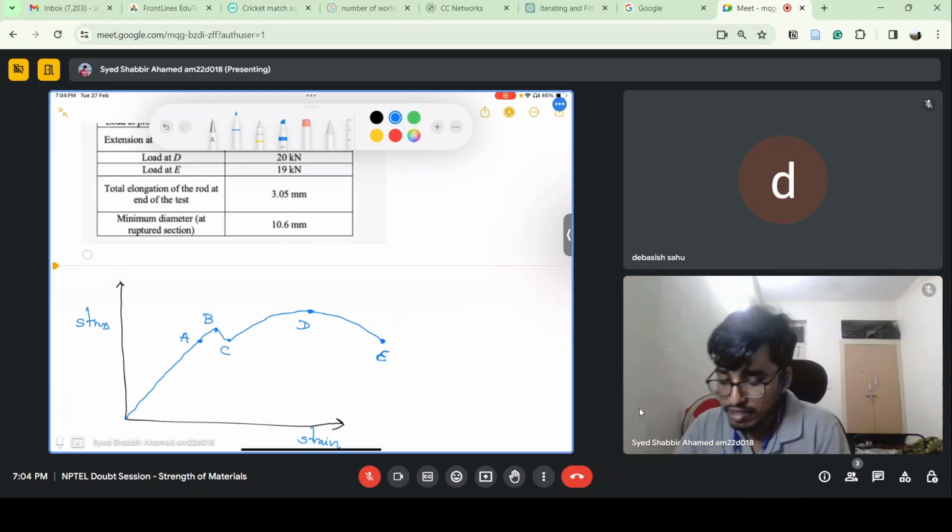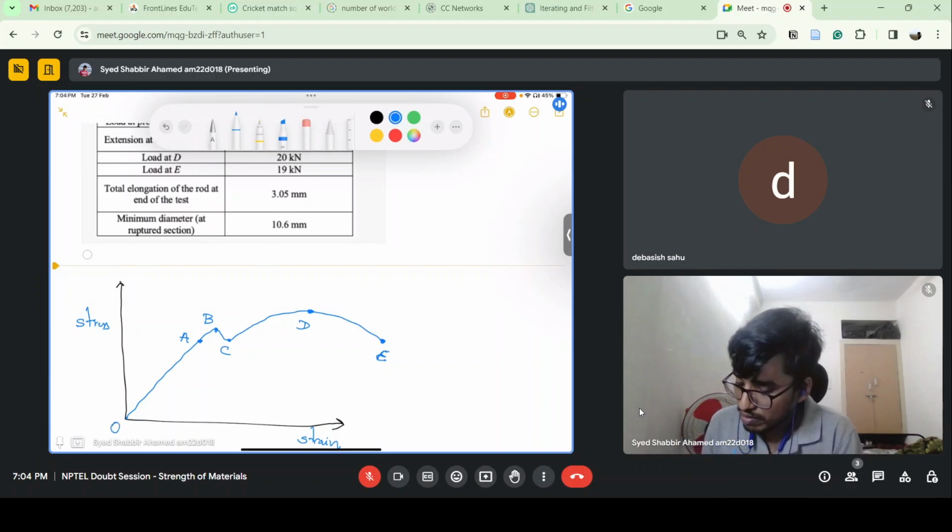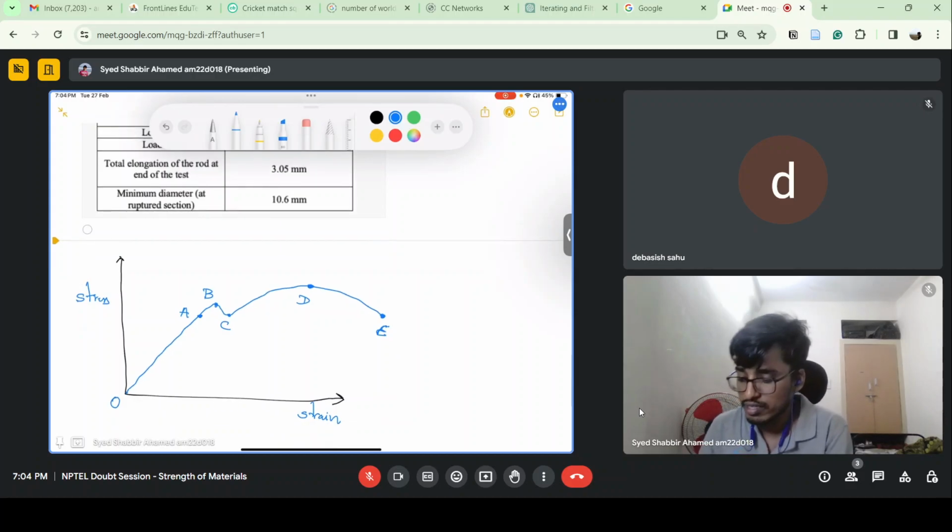In this curve, as you can see, whenever you go from point O to point A, as you gradually increase the stress, there is a linear variation. Linear variation in the sense this line is a straight line. As you increase the strain, the stress is also increasing linearly with respect to the strain.